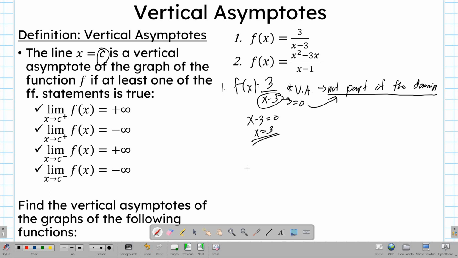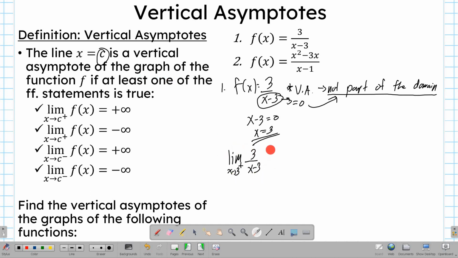With that in mind, let's check if the limit of 3 over (x - 3) as x approaches 3, say from the right, would become positive or negative infinity. You can choose from the left or from the right, any, because we only need at least one. So 1 would be enough.